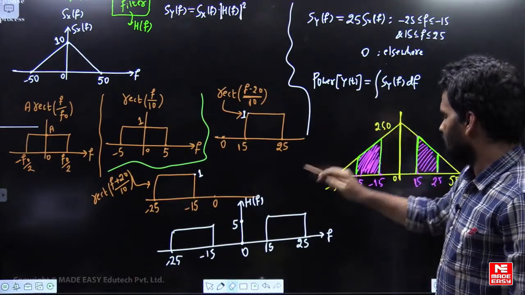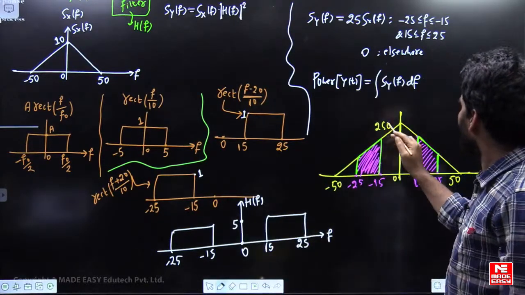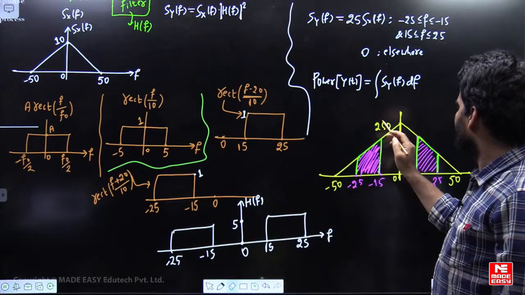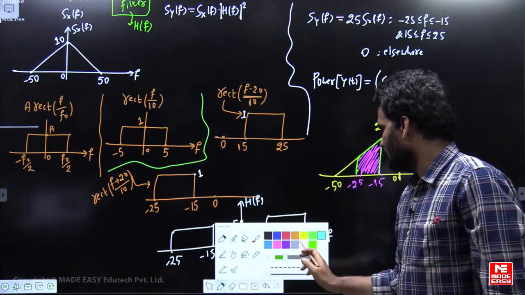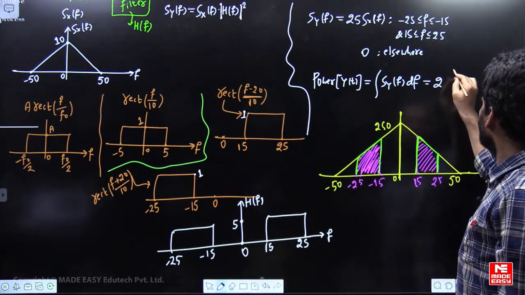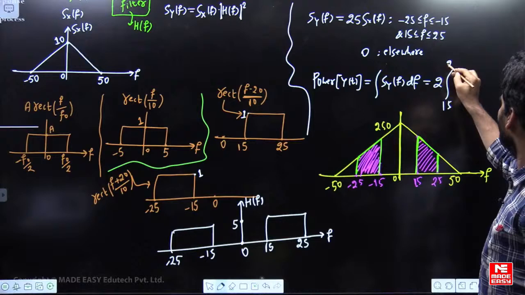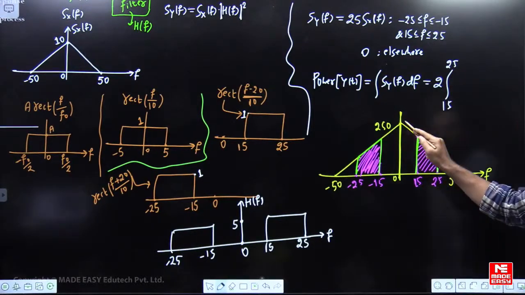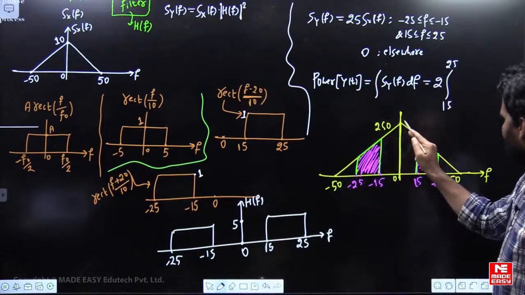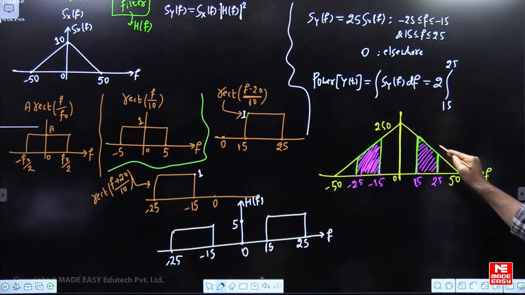So I can write 2 times, let me find this area, 15 to 25. What is this line equation?